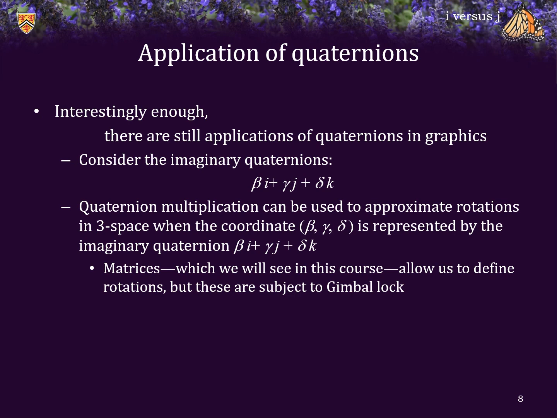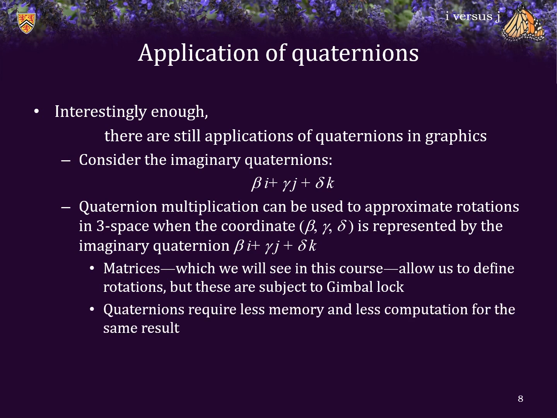Now, matrices as well, which we're going to see in this course, also allow us to define rotations, but these are subject to something called gimbal lock, something that you may see later, especially if you get into aeronautics. Interesting thing is, quaternions also allow us to deal with rotations, but they require less memory and less computation for the same result.